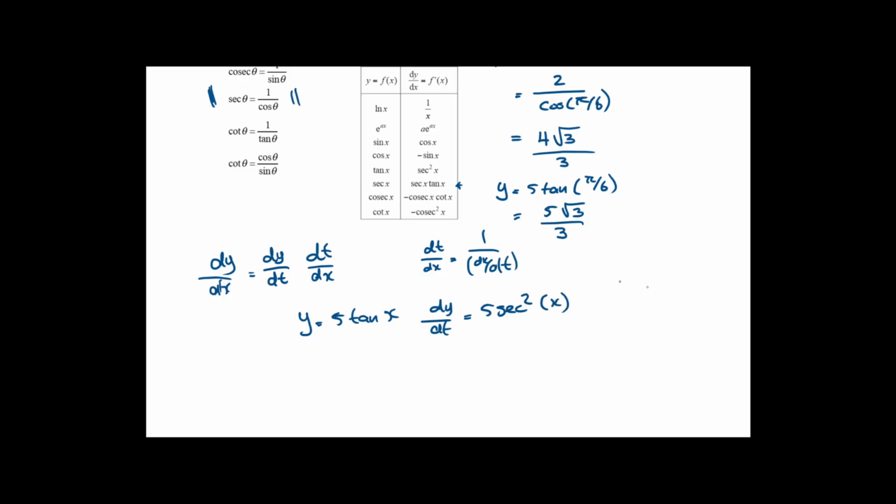And again, it's just going to be that squared, so 1 over cosine squared of t.